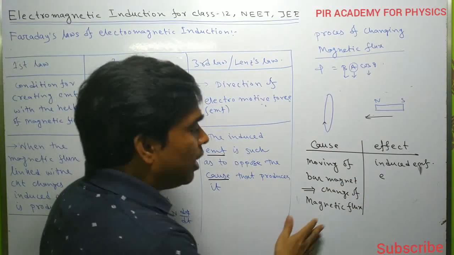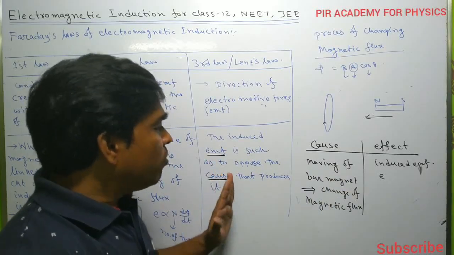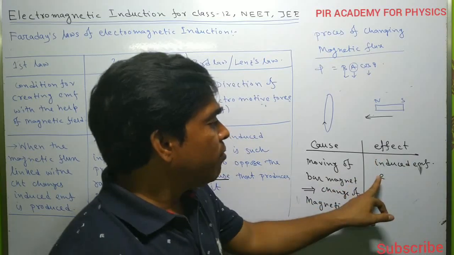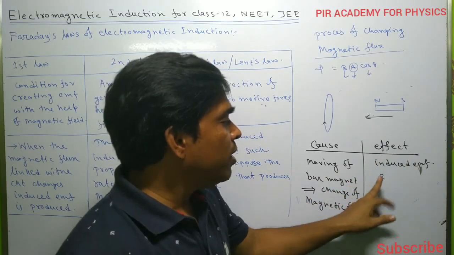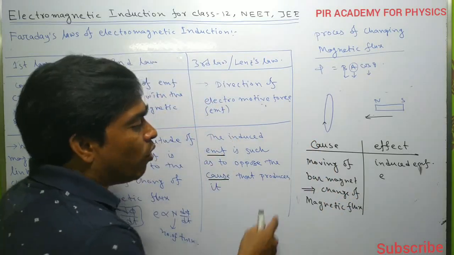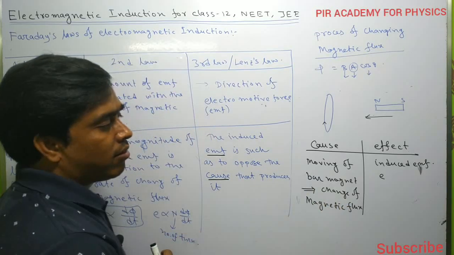This is the cause. So this law states that the direction of induced EMF is such that it opposes the further change of magnetic flux.